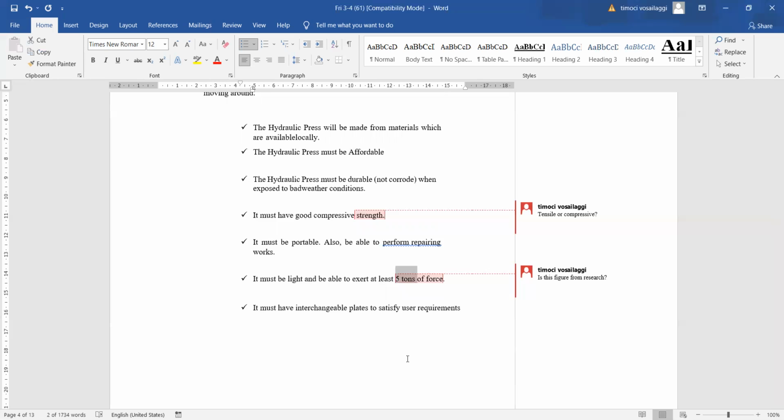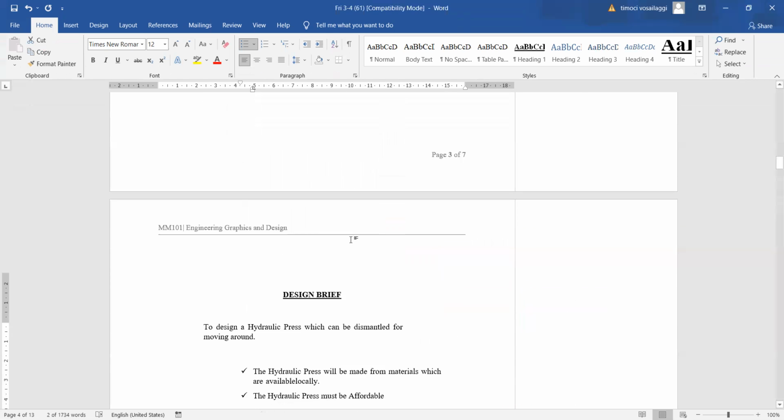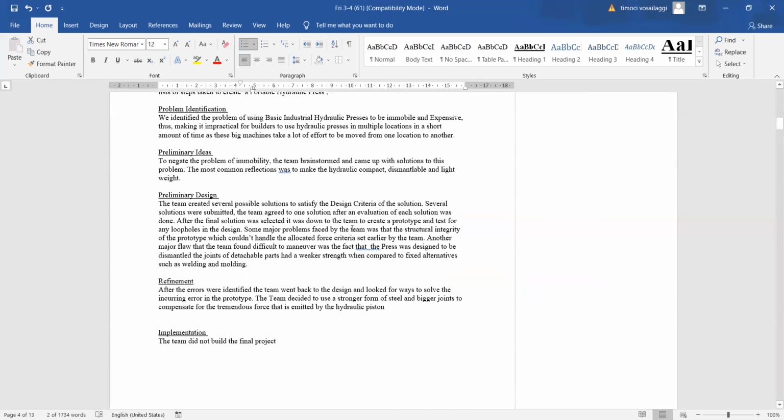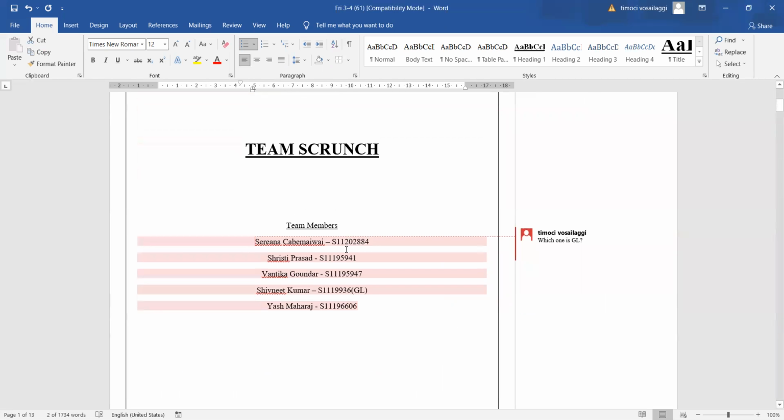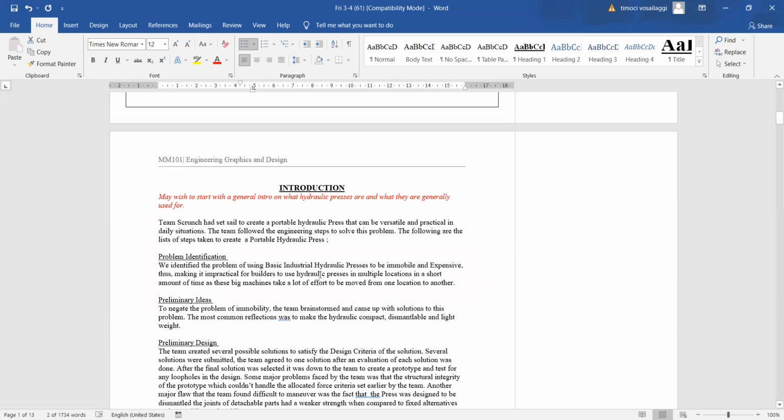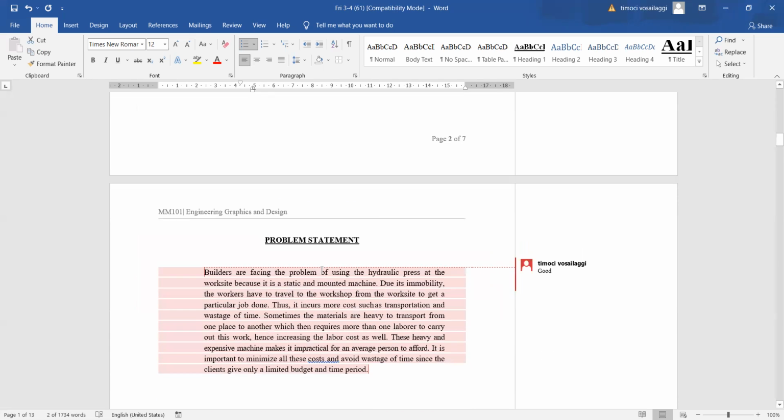Is it because you found that in your research? Who's in this group? Sorry. Siriana? Any idea why? Or Sristi, any idea why you set the limit to 5 tons?